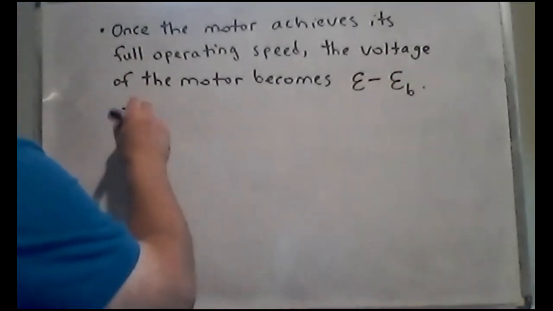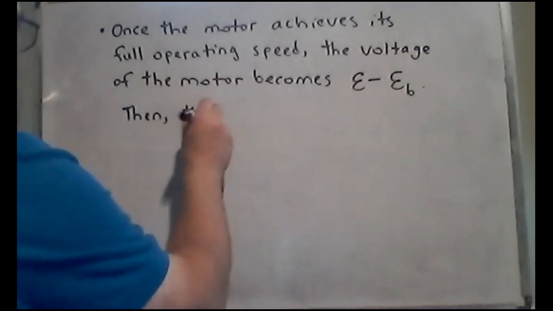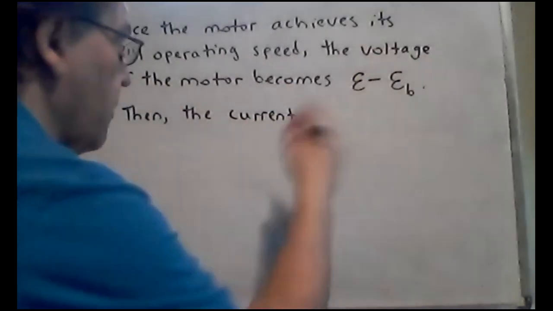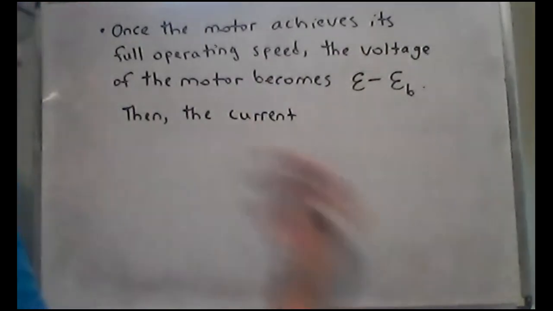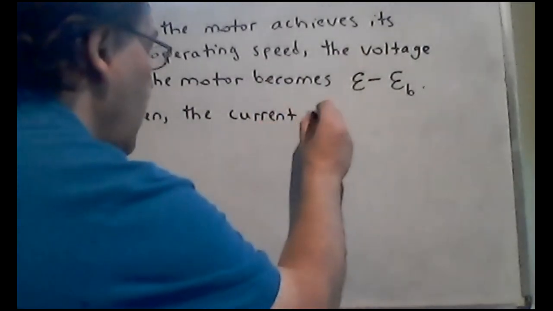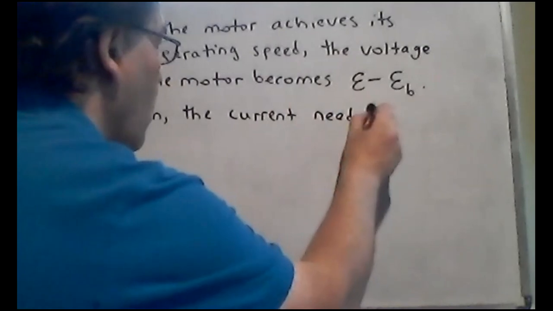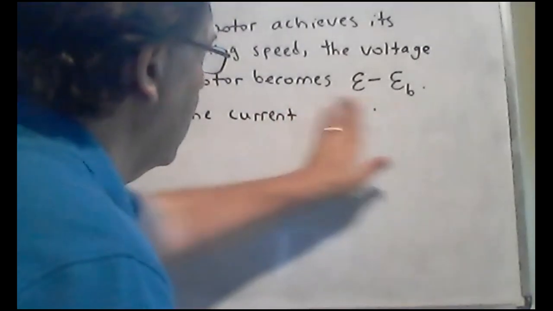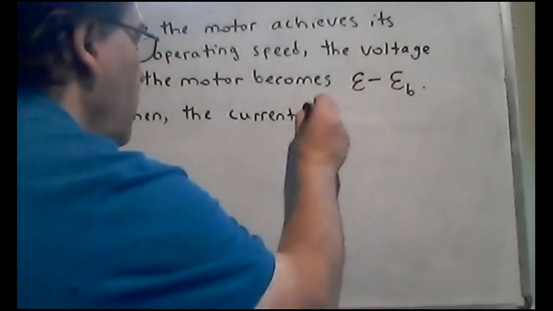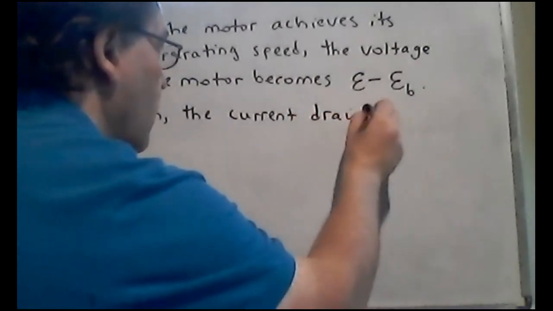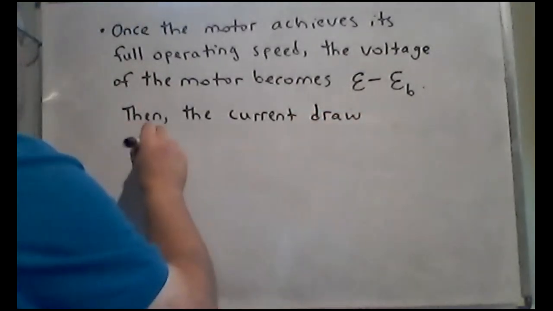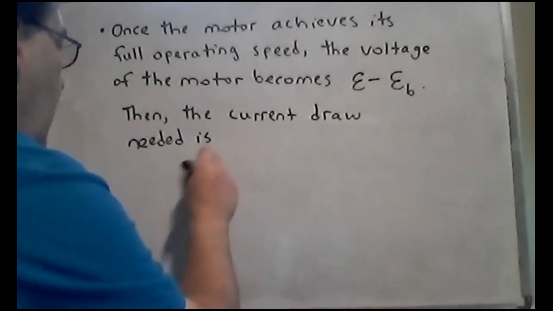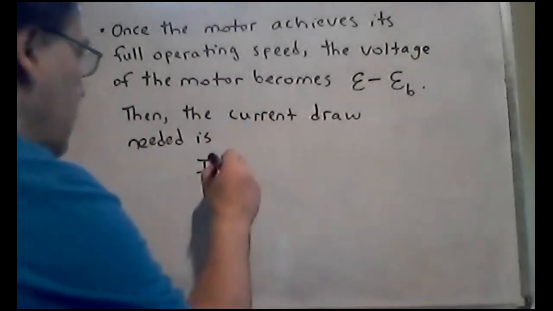Then the current draw needed, we already know the resistance of the wire loop does not change, is I this time, not I naught.